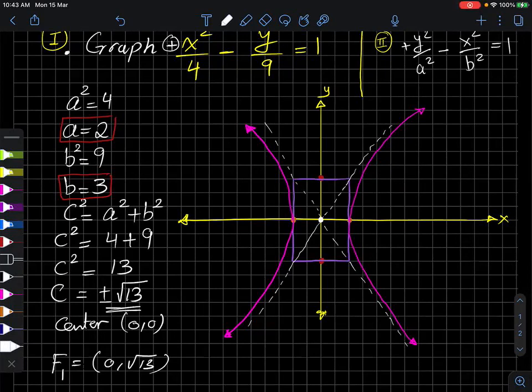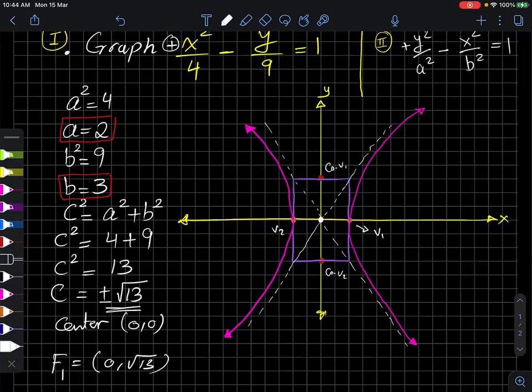with the vertices. I have two vertices, V1 and V2, and here the co-vertices. We move right and left a units. So this one is my vertex, and this is the co-vertex. Here it's the vertex V1, and here V2, and this is co-vertex 1 and co-vertex 2.